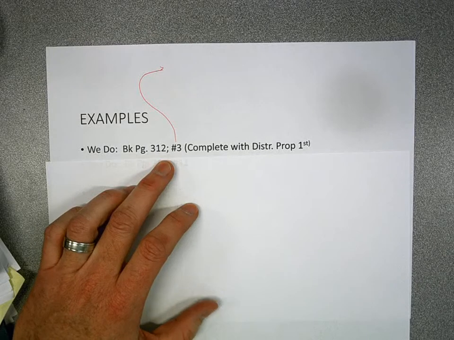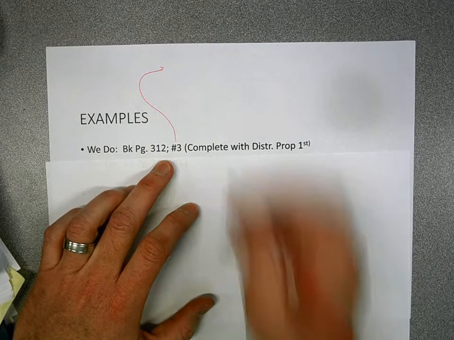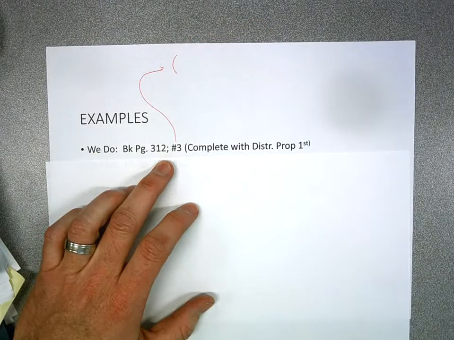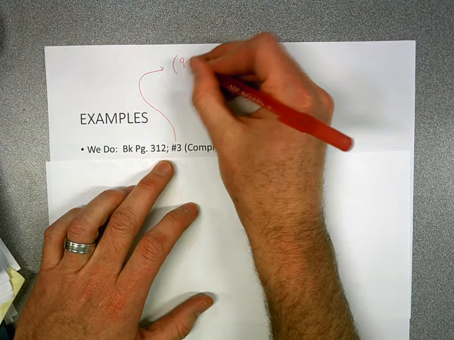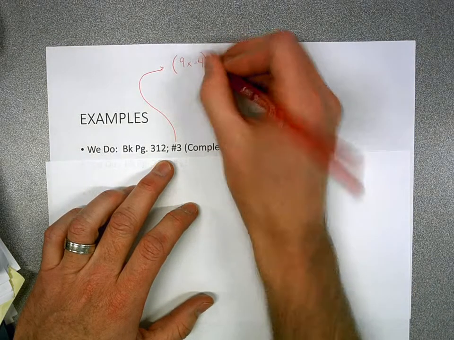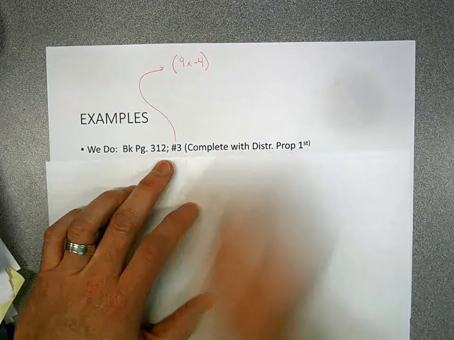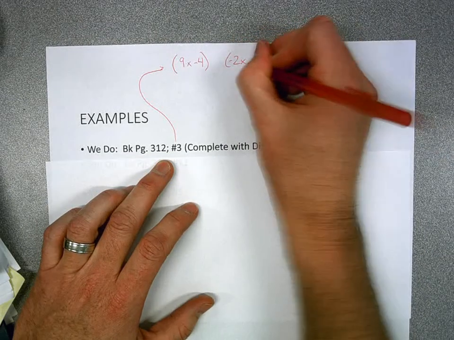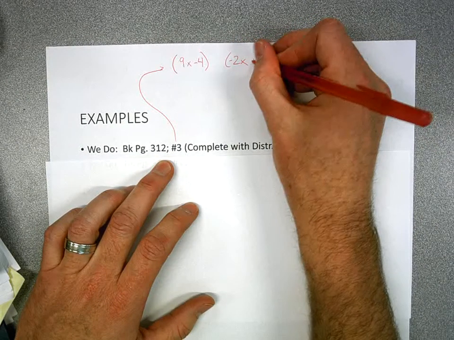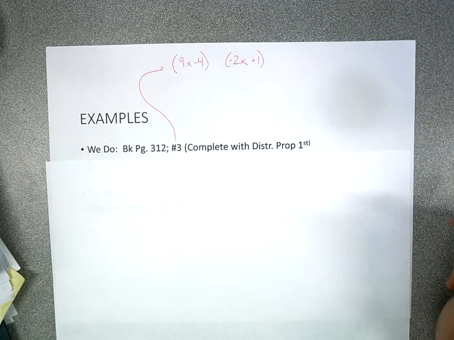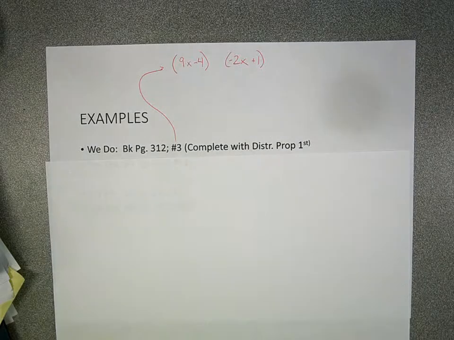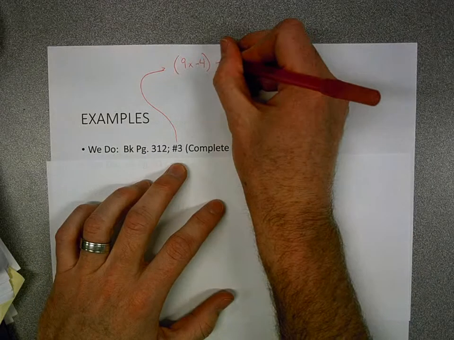The directions just say subtract, use models if needed. So we have two linear expressions. We have 9x minus 4, and the other expression is negative 2x plus 1. And we are subtracting them.